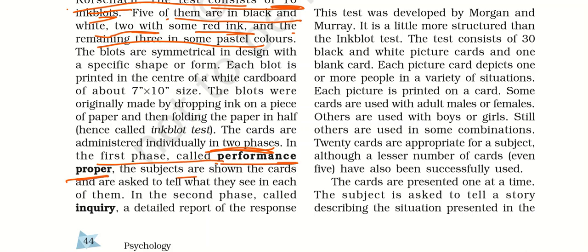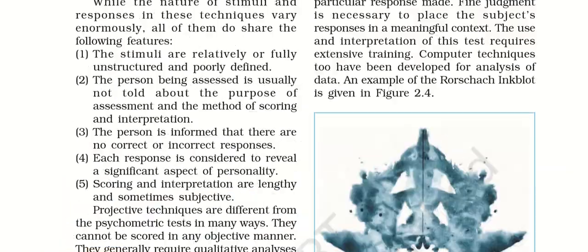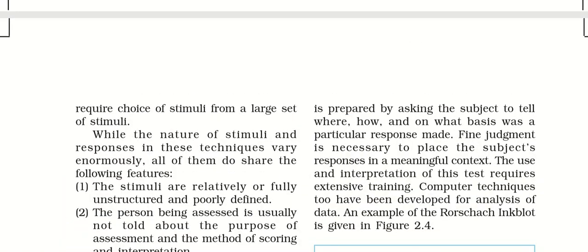The subject is shown the card and asked to tell what they see in each picture. The second phase is called inquiry. A detailed report of the response is prepared by asking the subject to tell where, how, what, and on what basis a particular response is made.